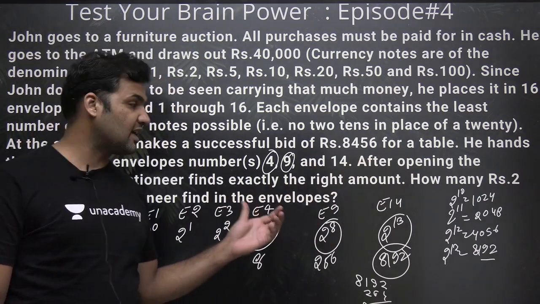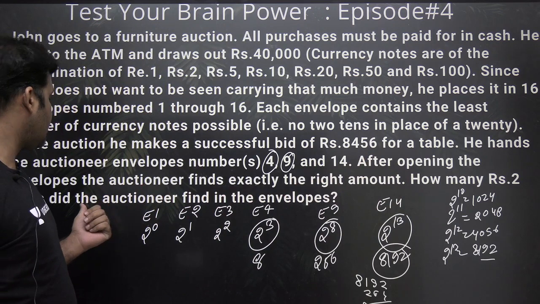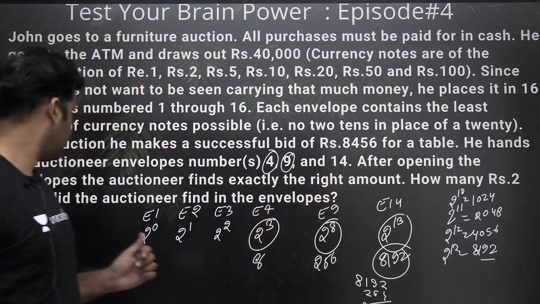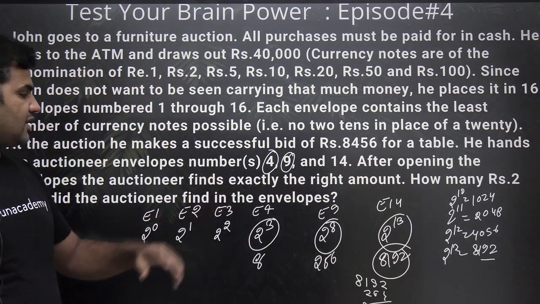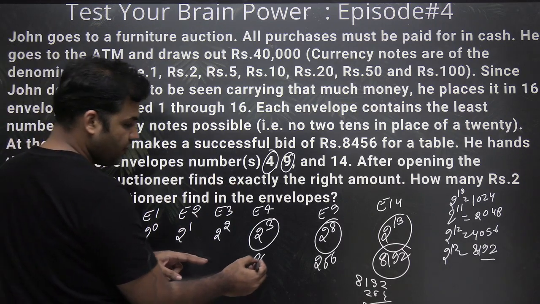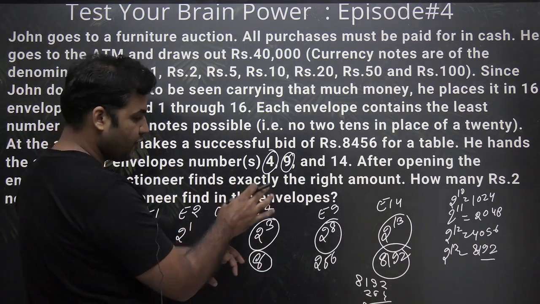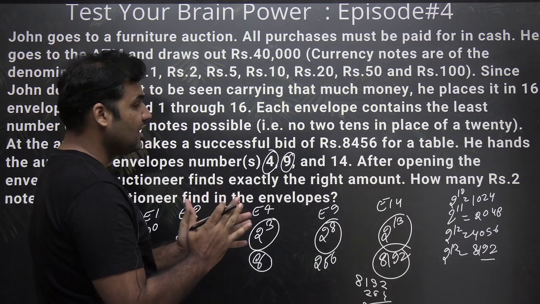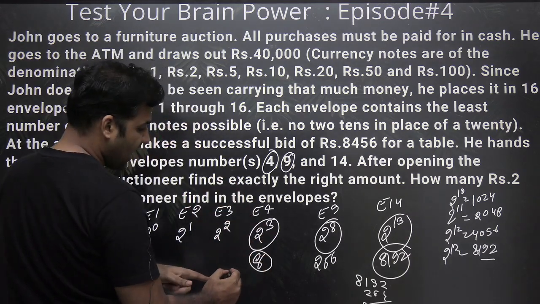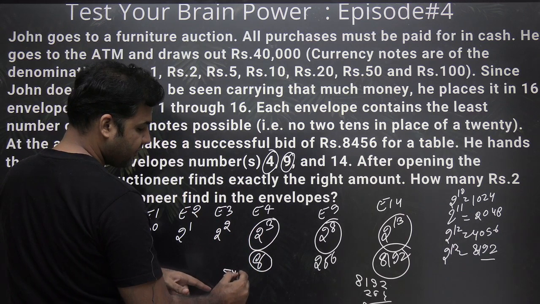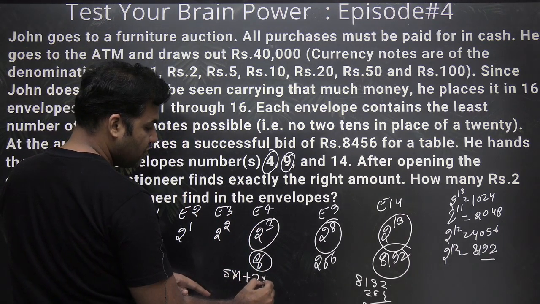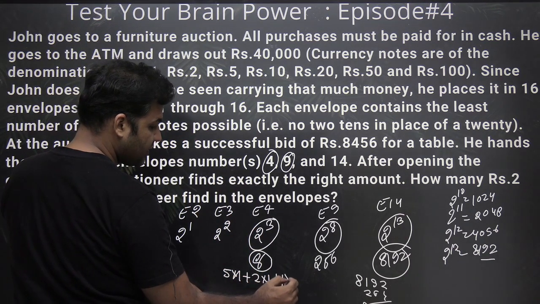But the question is asking how many rupees 2 notes the auctioneer found in the envelopes. Now, if I want to put 8 rupees in envelope number 4 using the least possible number of notes, I'll be putting 1 note of 5, 1 note of 2 and 1 note of 1 rupee, right?